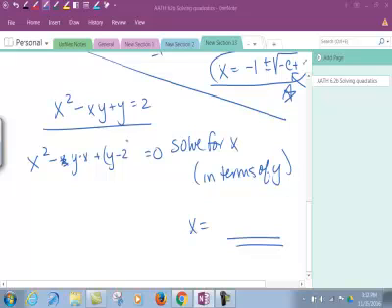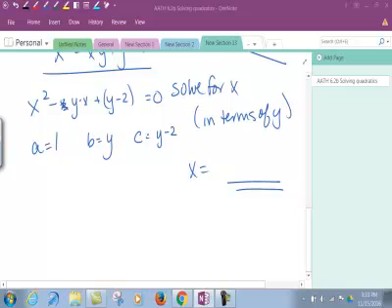I'm going to put this in parentheses and take the time to identify a, b, and c. A is 1, nothing tricky there. B is the coefficient of the x term, so b is actually the variable y, with a negative sign. C is the constant, and c turns out to be not just y, but y minus 2. See if that makes sense.